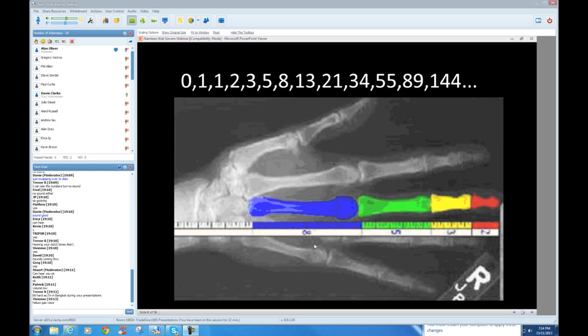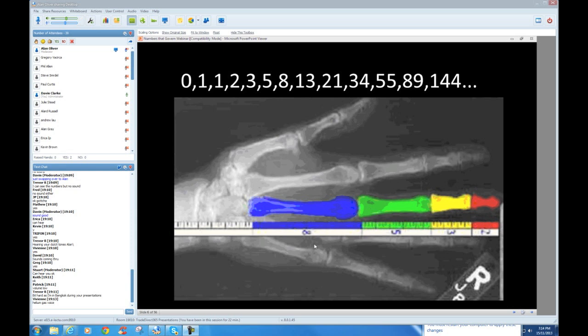Now, what I've got here is an X-ray of a hand. Now, the X-ray of the hand is particularly interesting because you'll see that we've color-coded the bones and the length of the bones inside the hand. Now, the first bone tip you can see measures 2, and then the next bone measures 3.